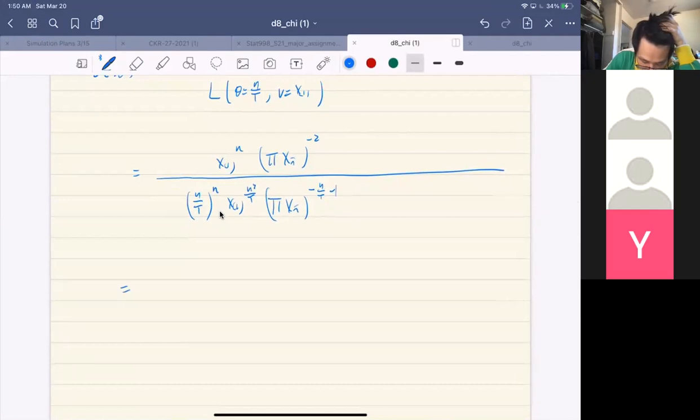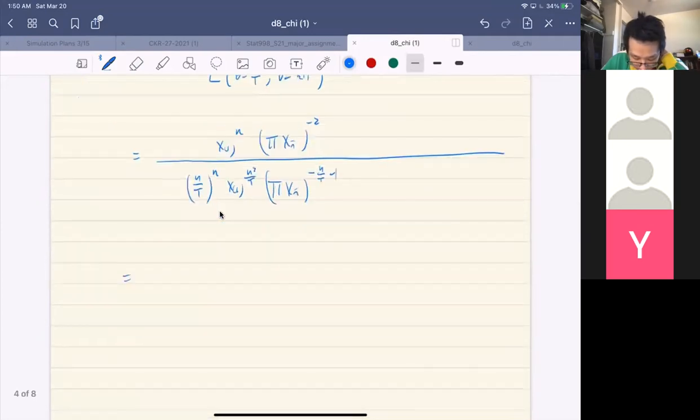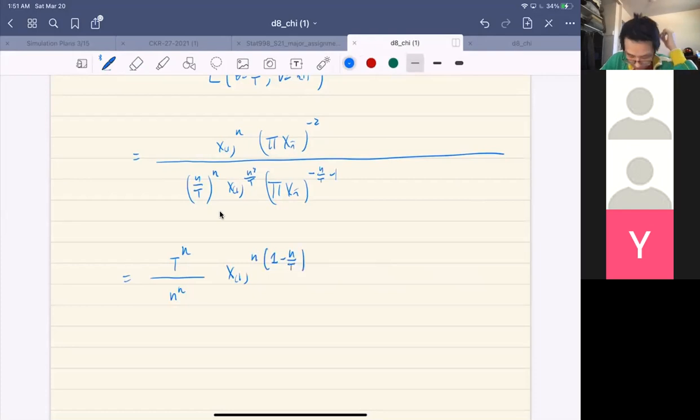Let's try to reduce this form. We have n to the power n over t to the power n, and S1 to the 1 minus n divided by t.